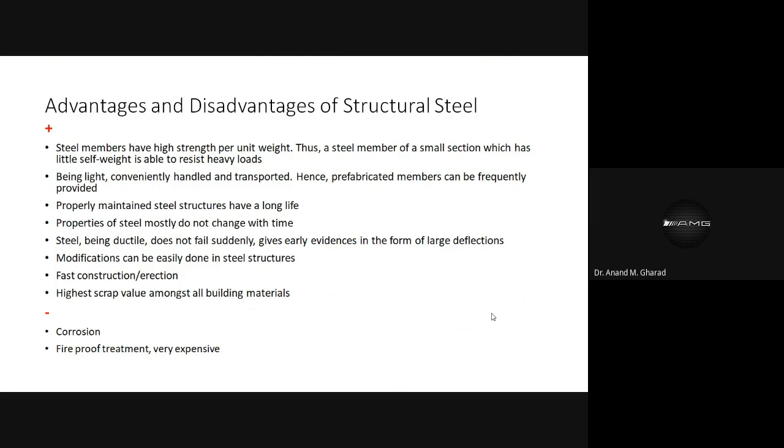We also saw the advantages and disadvantages of the structural steel that are used throughout the construction.